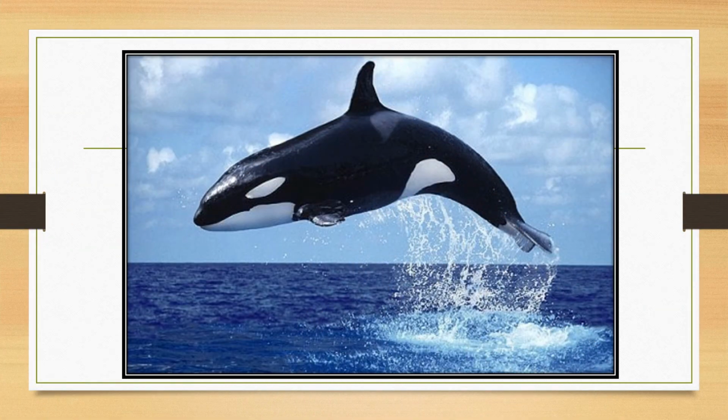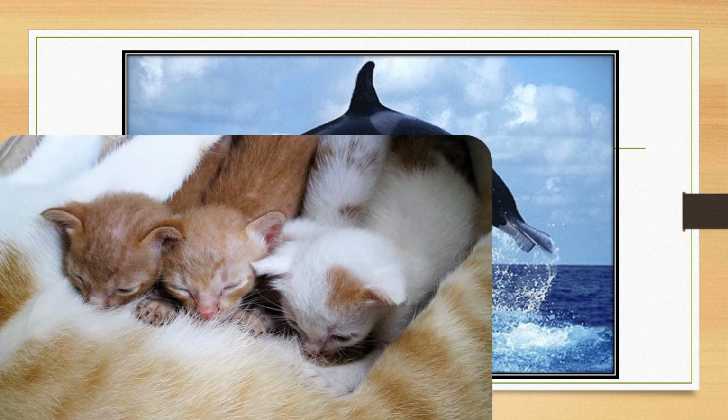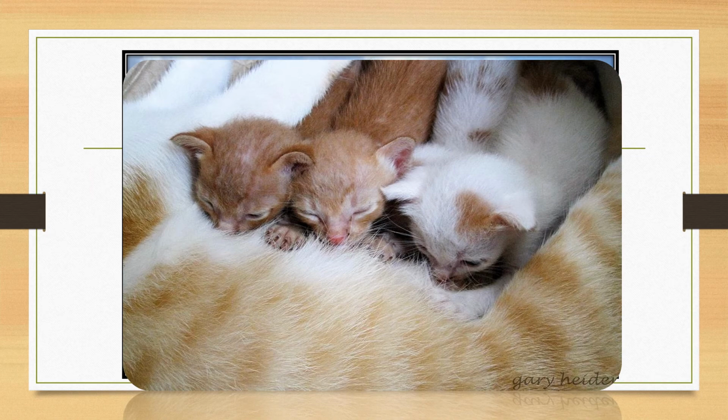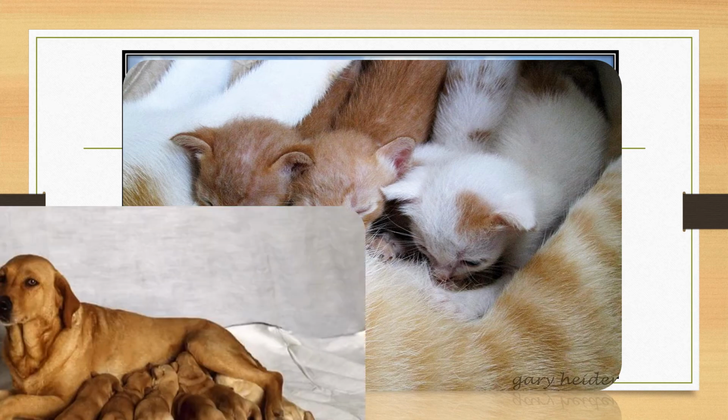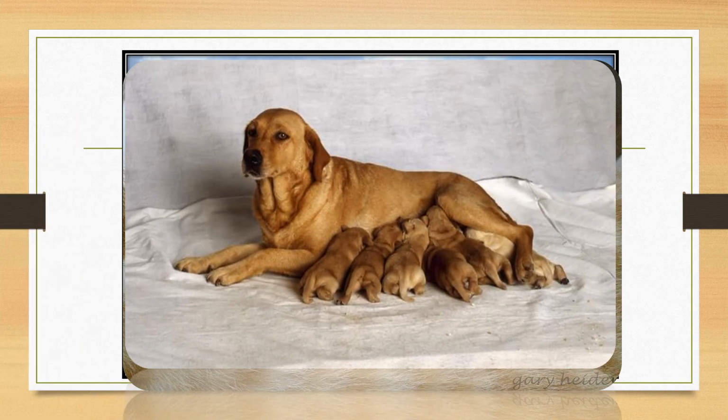Now, what are some examples of mammals? What is the name of the first picture? This one is a dolphin. What else? You have also the cat. The mother cat gives milk to its kittens. What else? You have also the dog, which you have already seen.